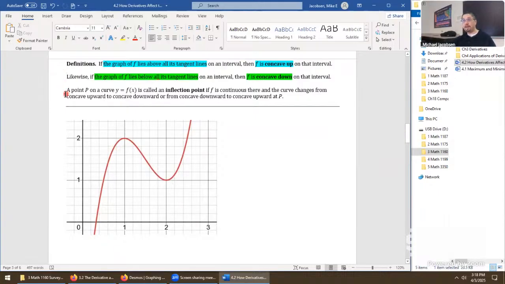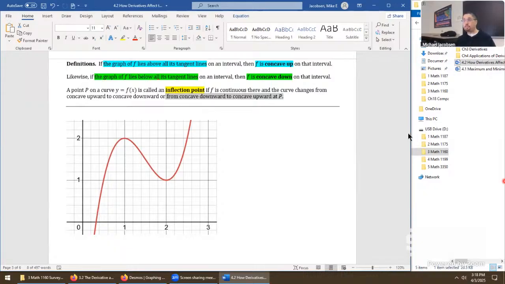The last thing we didn't talk about is the inflection point. The inflection point on the graph is a point, let me say from the start, a point is an inflection point if f is continuous there and the curve changes from concave up to concave down, or if the curve changes from concave down to concave up.